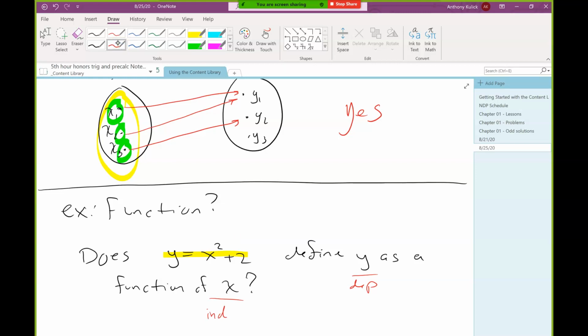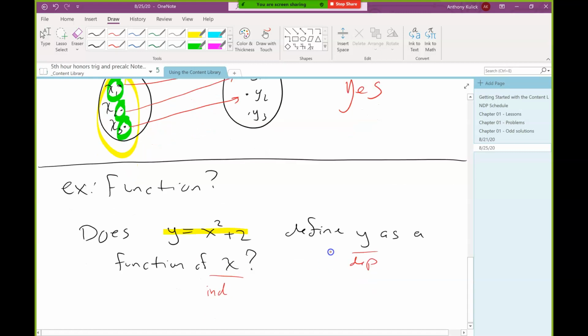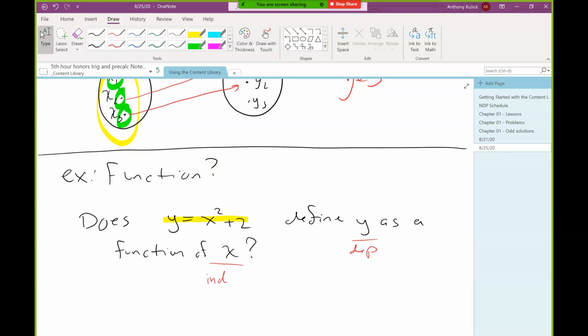So does y equals x squared plus 2 represent a function in this case? It should be easy to see that. Number one, you should recognize this as a specific kind of function that you studied last year. What kind of function is this? Quadratic, or even more generally, polynomial, right?